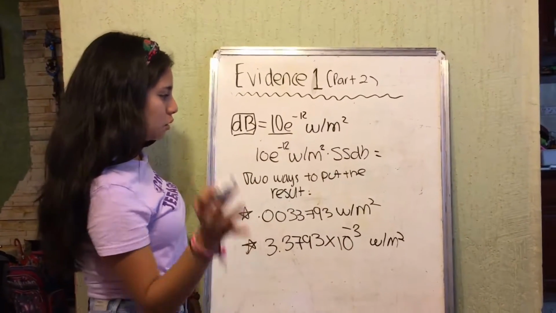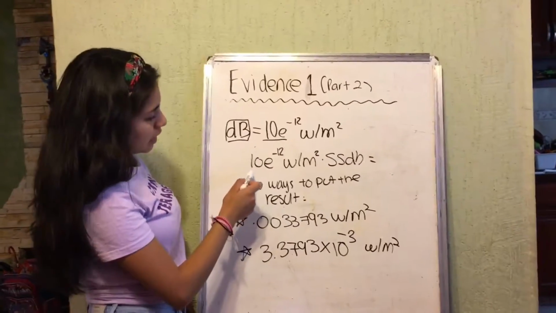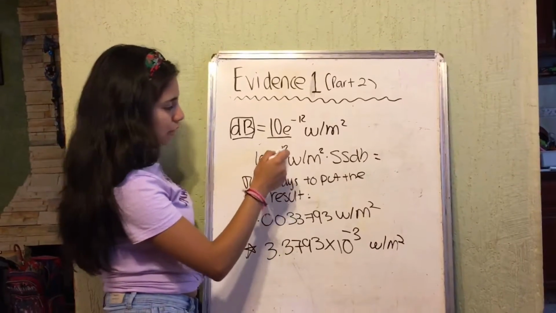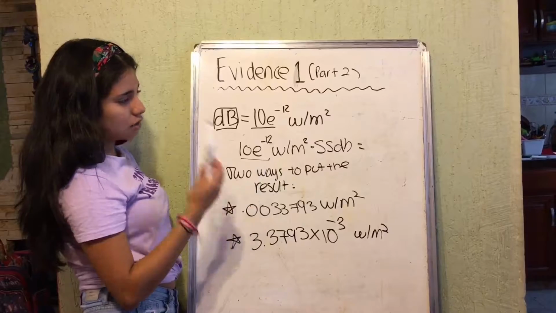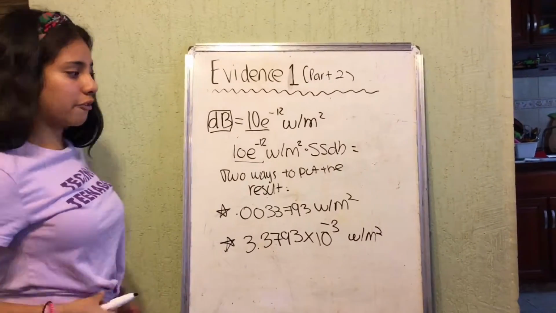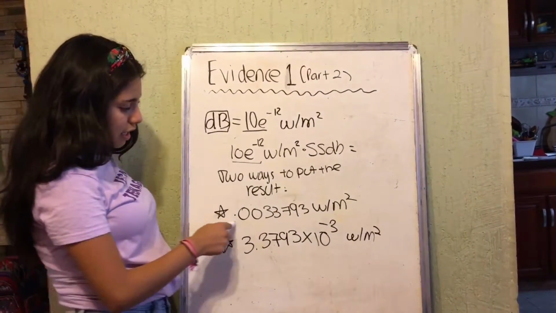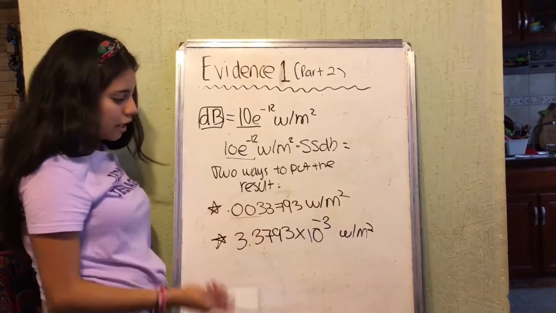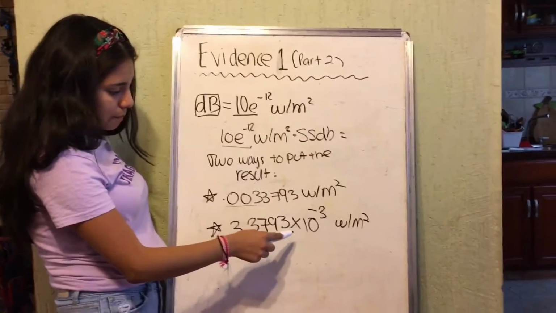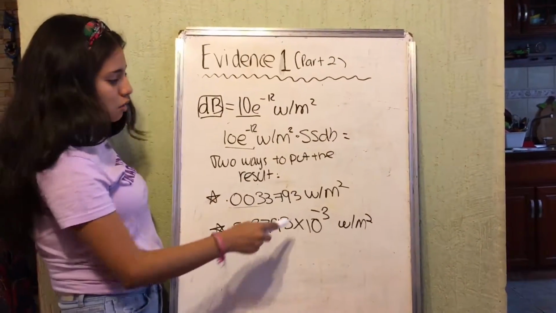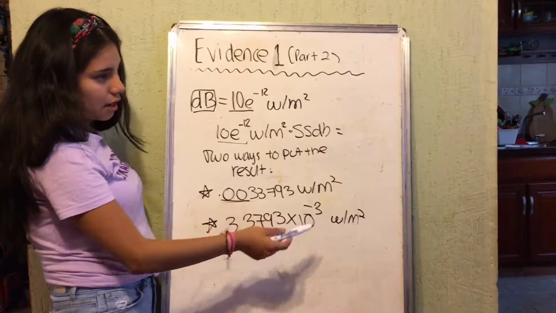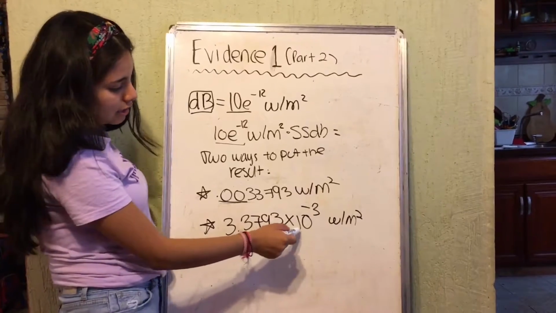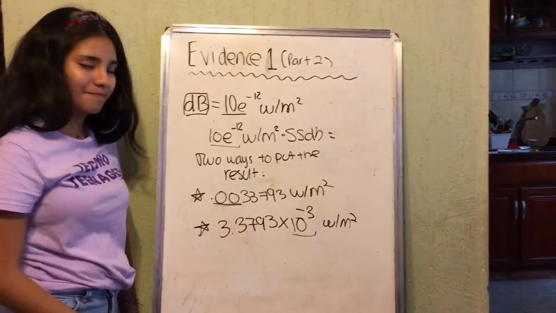So we just have to multiply 10 to the exponent minus 12 times 55, and then there are two ways to put our result. One of them is in decimals, like this, and the other form is exactly the same. We just don't put these zeros that we have here, and we put instead the 10 to the minus 3.